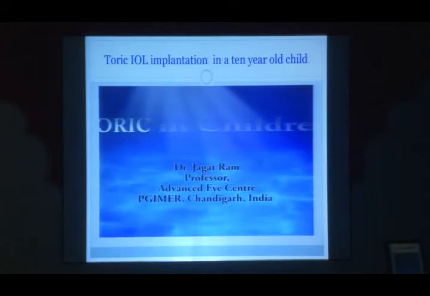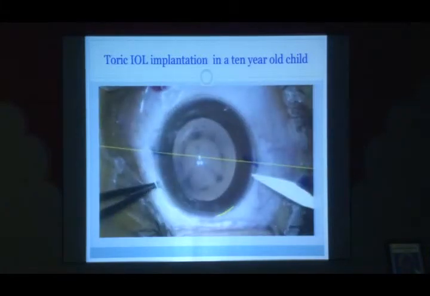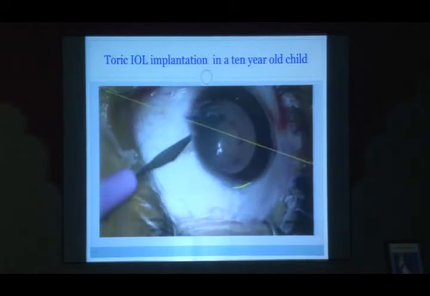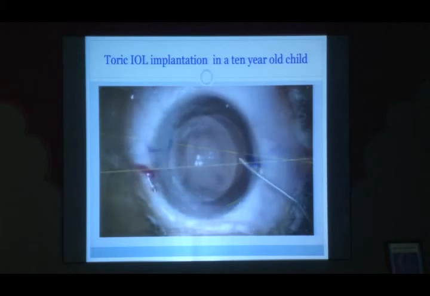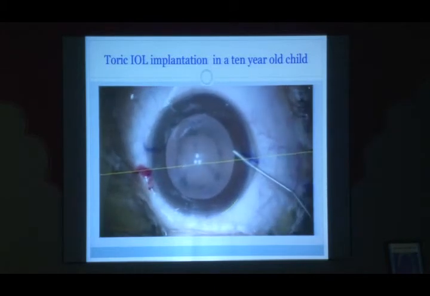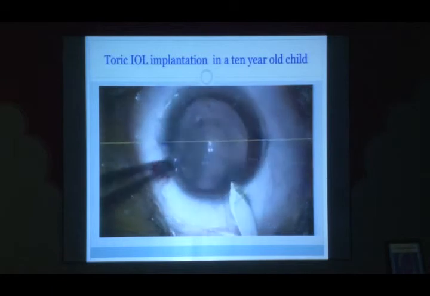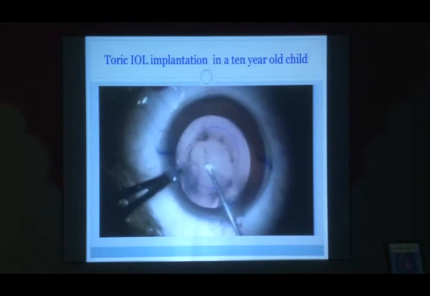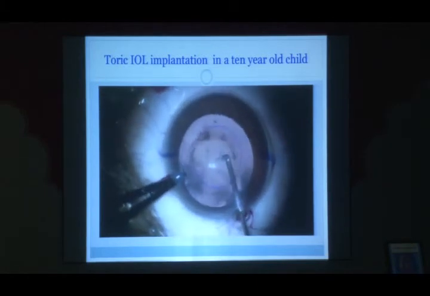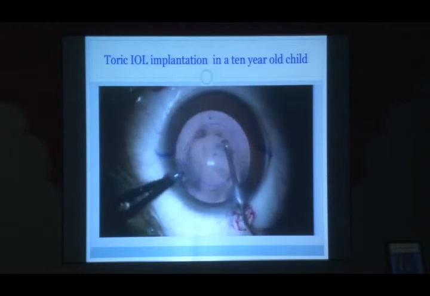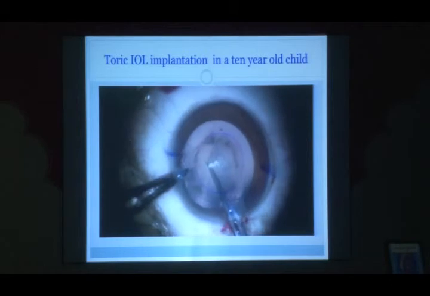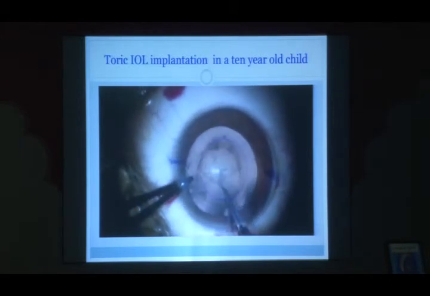I would like to show a small video. This is a 10-year-old child with zonular cataract with astigmatism. Marking has been done, and we initiated the capsulorhexis with a needle cystitome, and then it is continued with the Utrata forceps.